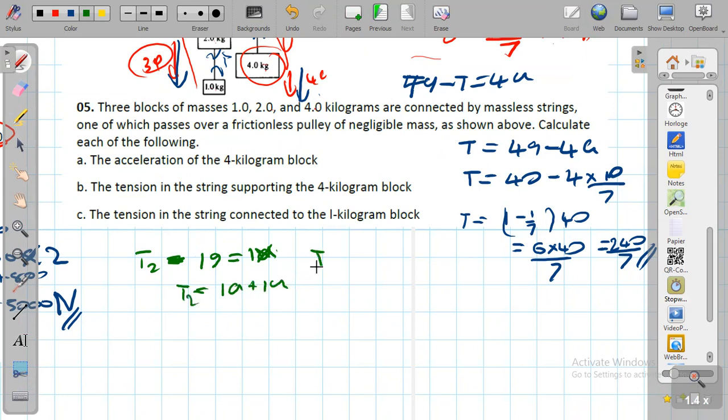So T2 equals a, which we know now is 10 over 7, plus 10, so 80 over 7 Newton. So this is how you have to get it. It's a very simple method that you can apply.